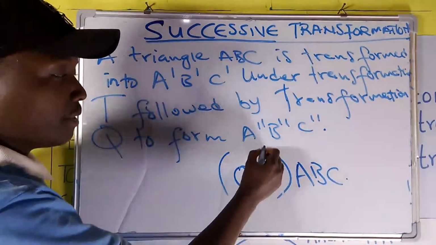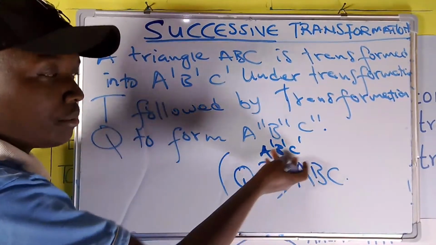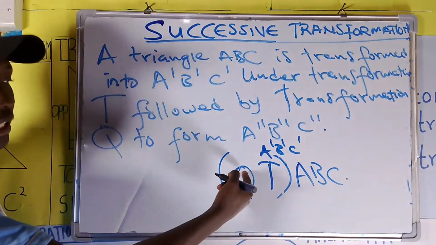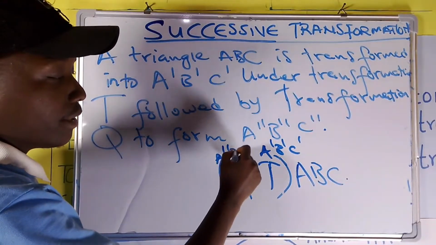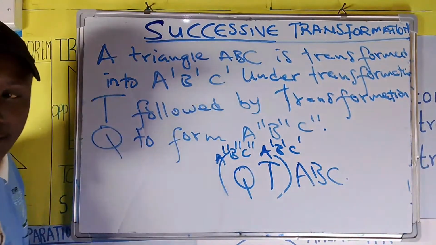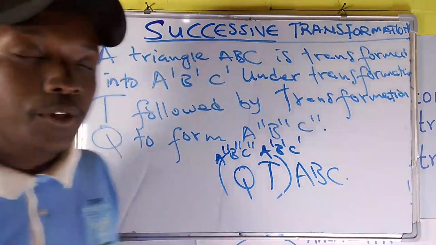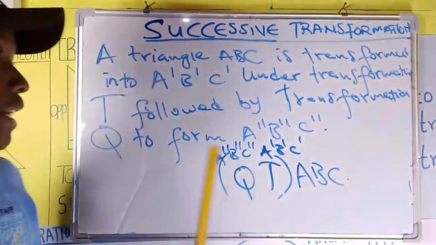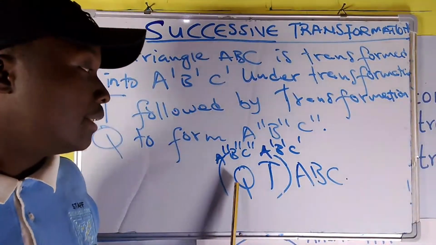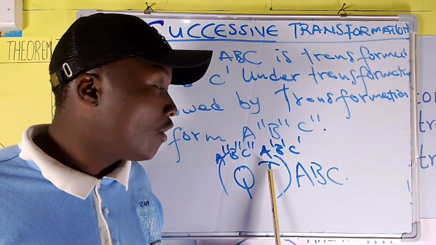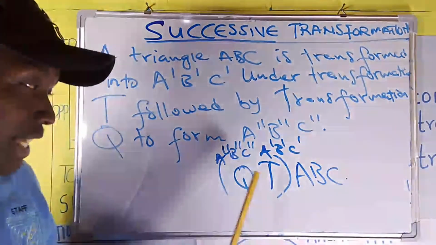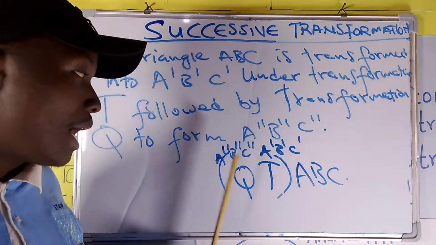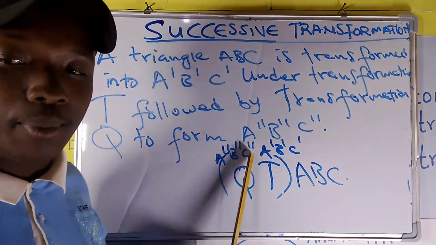Whatever you get as your first image becomes your object, and using the second transformation, you determine the second image. So this now becomes the object, which undergoes transformation Q, so that it forms A double prime, B double prime, C double prime.